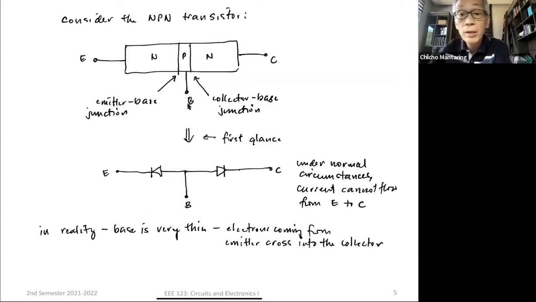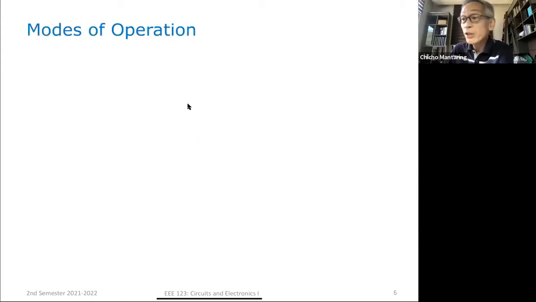So that's how a transistor intuitively, or in a gist, works. I'm not going to go beyond that. The physics behind the transistor is going to be discussed in EEE 131. In this particular course, we're only going to discuss how it behaves in a circuit, so we're going to discuss its model.